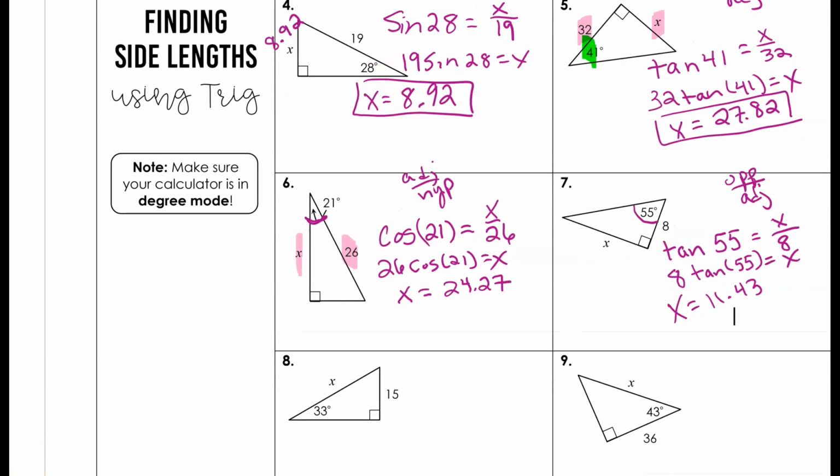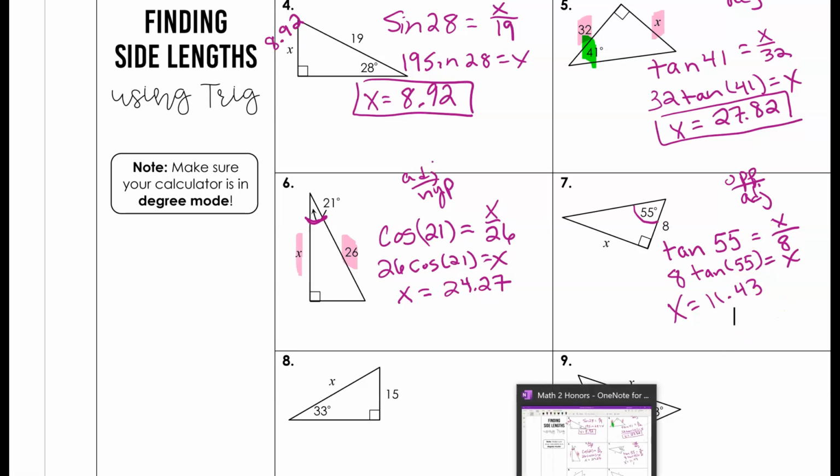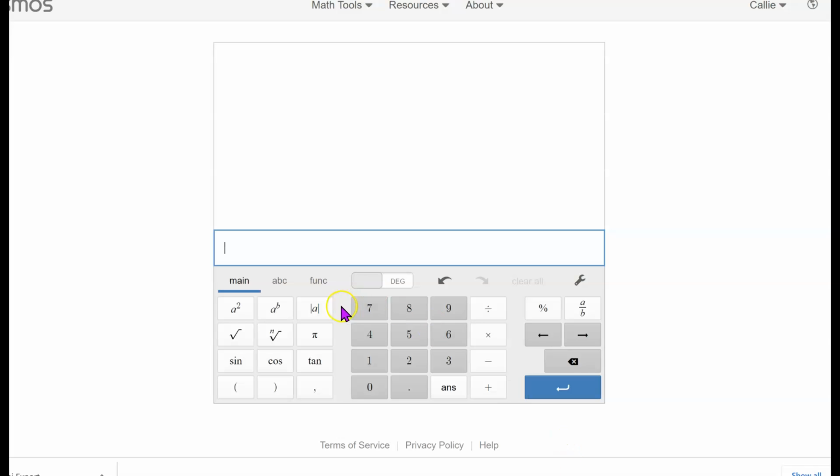All right, so at this point, I am going to just recalculate. I'm going to show you, I'm going to close this, and when I close it, it lands me at the Desmos scientific calculator. And if I want to calculate 8 times, I don't even have to say times.